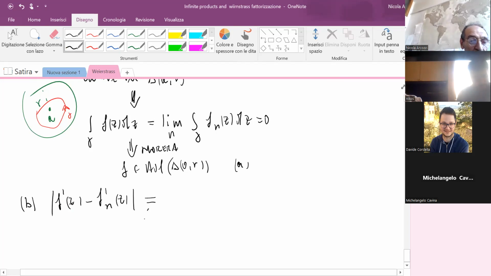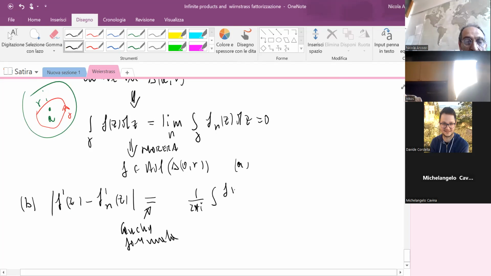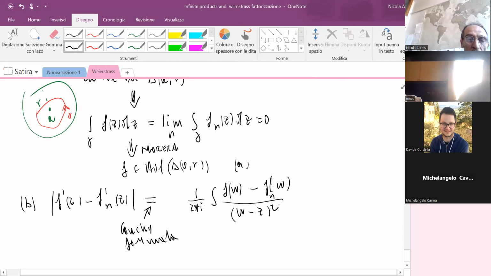By Cauchy formula, that's 1 over 2 pi i integral of f of w minus fn of w over w minus z squared dw.